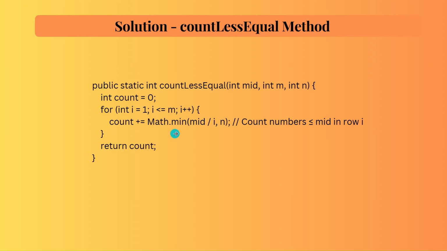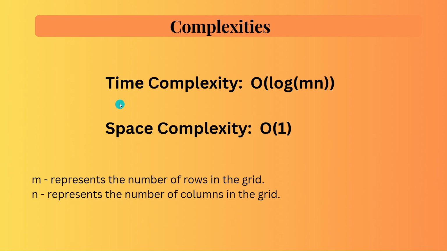And next to this, we will be analyzing the time complexity and the space complexity. As said earlier, the naive approach results in a time complexity of m star n of log of m star n, and the space complexity will be O of m cross n.